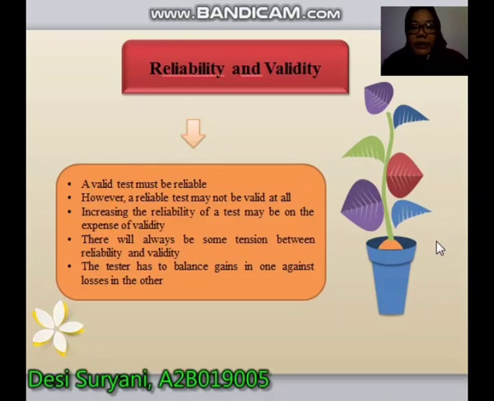Well, to be valid, a test must provide consistently accurate measurement. It must therefore be reliable. A reliable test, however, may not be valid at all. For example, as a writing test, we might require candidates to write down the translation equivalent of 500 words in their own language. That could be a reliable test, but it is unlikely to be a valid test of writing.